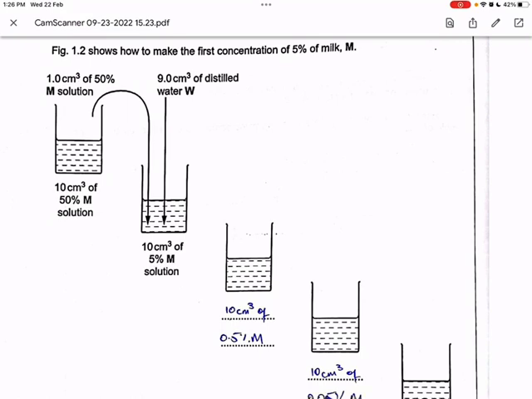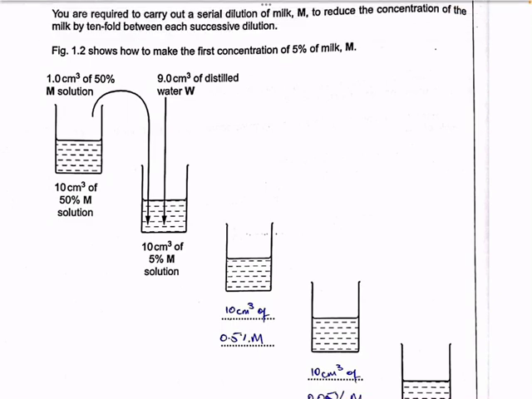The milk solution that you obtained from the first beaker, which was 50% strength. So what have you done? You have reduced the concentration of the solution M 10-fold, right? So when you reduce it 10-fold, the first beaker whose concentration was 50% now has been reduced to 5%. So there is a 10-fold difference between the first beaker and the second beaker.